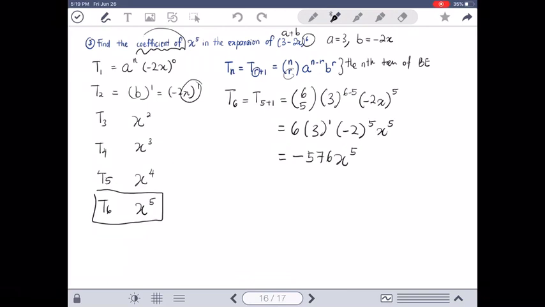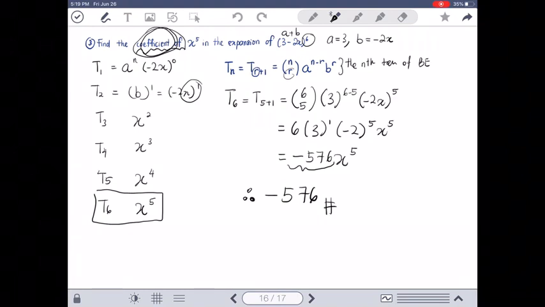But the question asks for the coefficient, so coefficient only. So your final answer should be negative 576, because the question wants us to state only the coefficient of x to the power of 5.